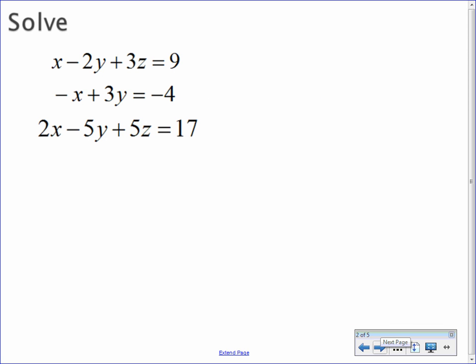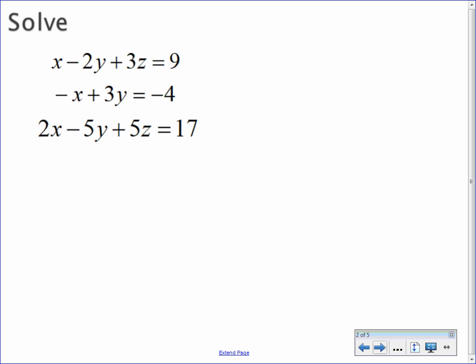So go and write this down. Now, maybe you remember the strategy you used last year to solve these.